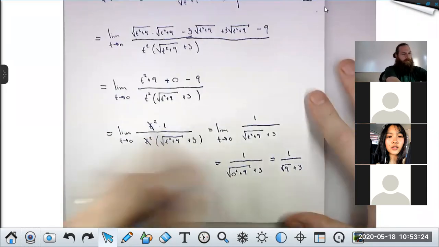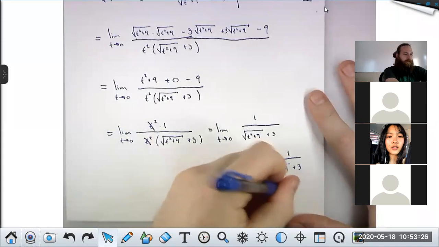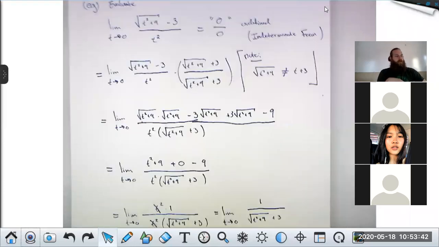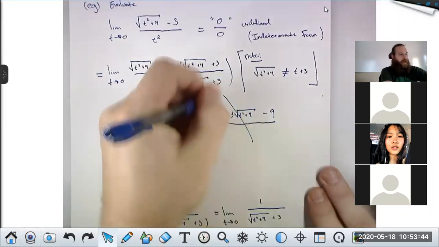Well, the square root of 9 is 3, so this is 1/6. And this, just like the last two examples that we've done, are very classic examples. This multiply by the conjugate trick that we used right here is a common trick.